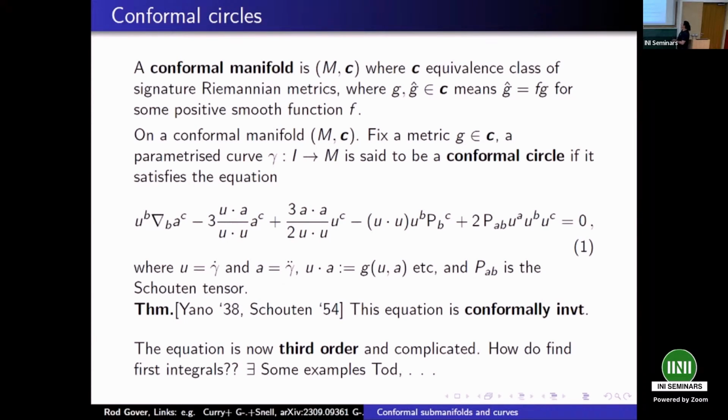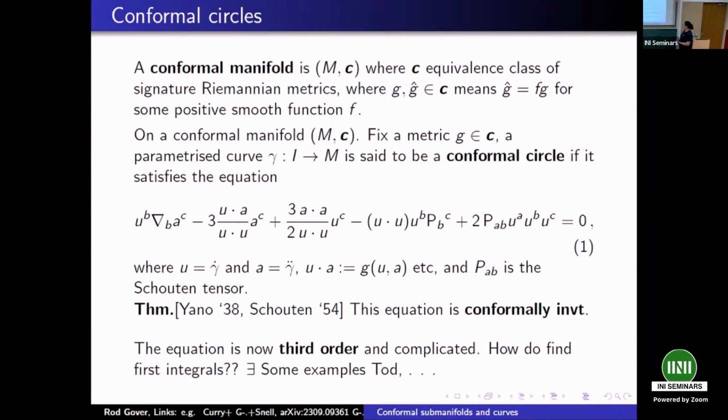So here's a conformal circle equation. This is an equation for a curve, which is now higher order. A is the acceleration, U is the velocity, and we're getting other items involved. This is the Schouten tensor, which is a trace adjustment of the Ricci tensor. And this dot just means U contracted with itself and so on. So it's an obvious notation. But anyway, the main point is that the equation is slightly complicated. It's a natural equation, and it describes the distinguished curves on a conformal manifold.